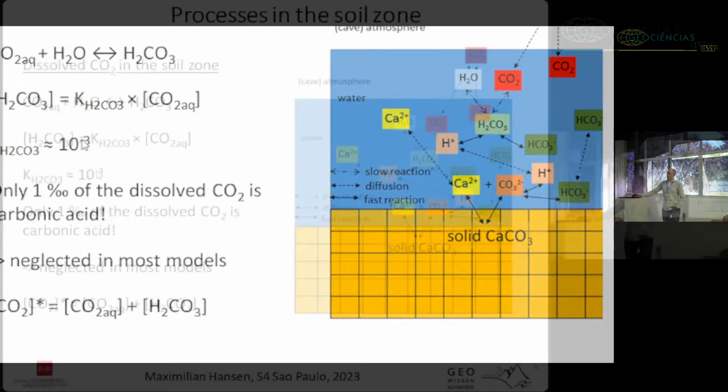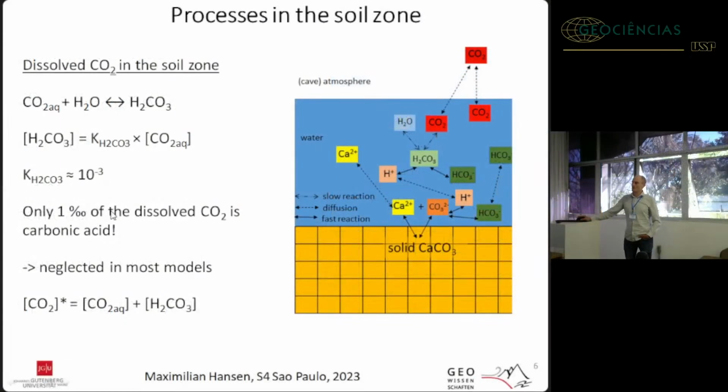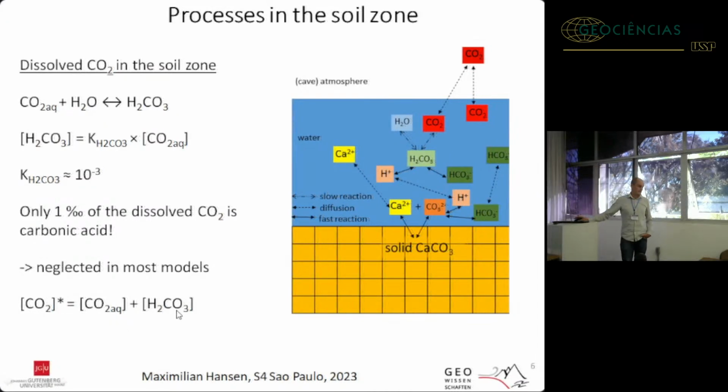But also important to note is that only 1 per mil of the dissolved CO2 in the solution is actually carbonic acid. Most of the CO2 will stay just aqueous CO2, which is sometimes neglected in some models. So it would be better to state the whole thing like that: you have a concentration of CO2, which is the sum of the dissolved CO2 and the carbonic acid.